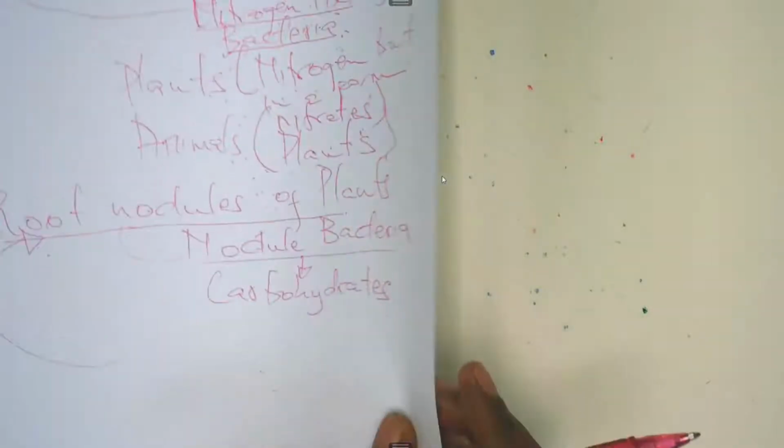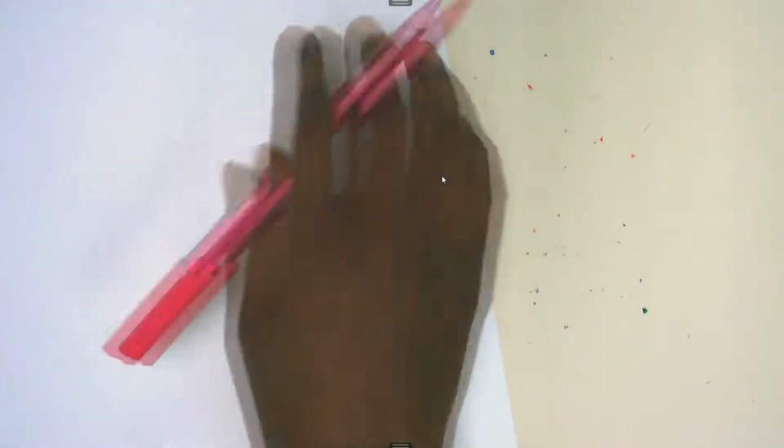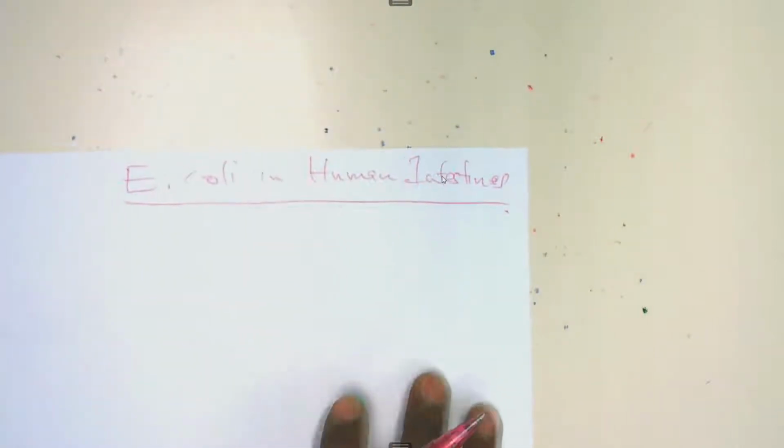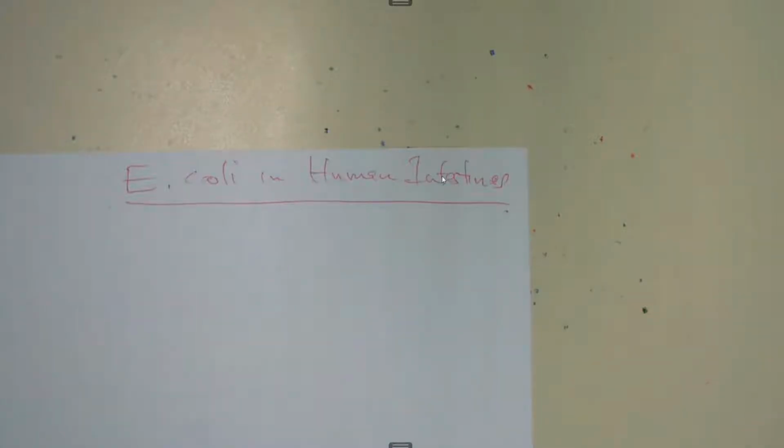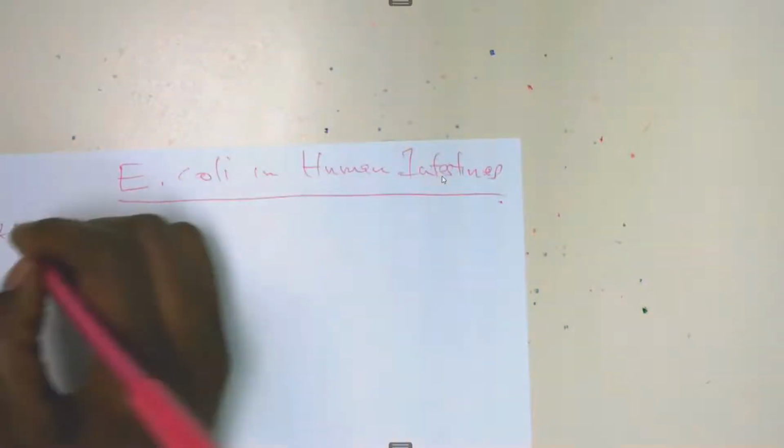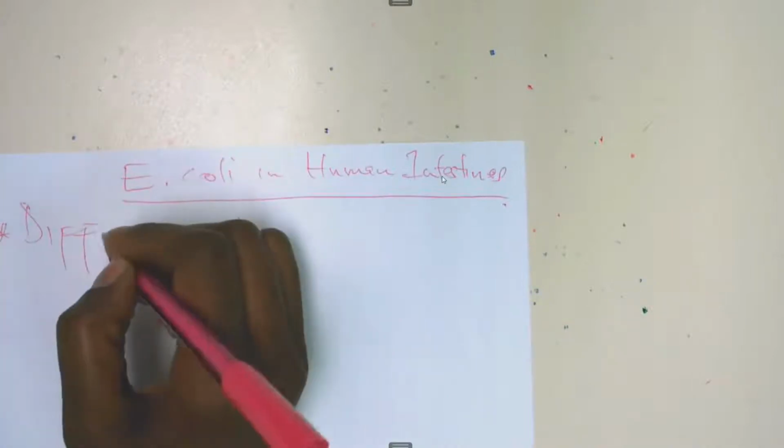So let us look at E. coli in the human intestines. This is another example of mutualism. So E. coli in the human intestines. We know that we have different species of bacteria in the human intestines.